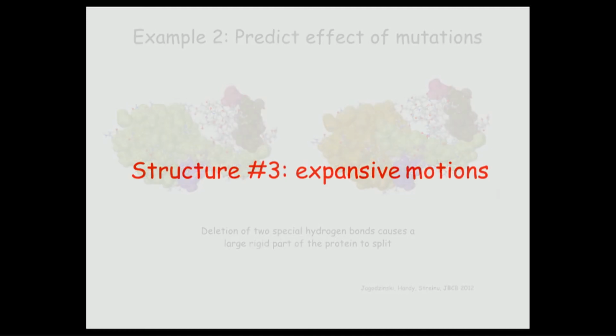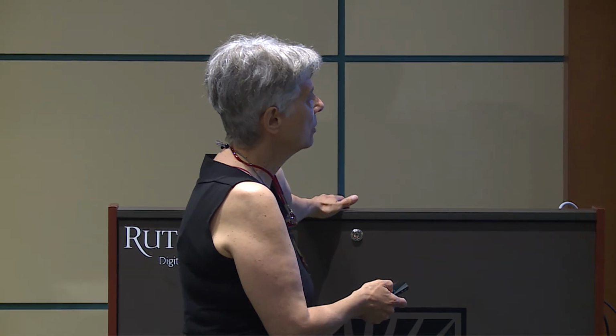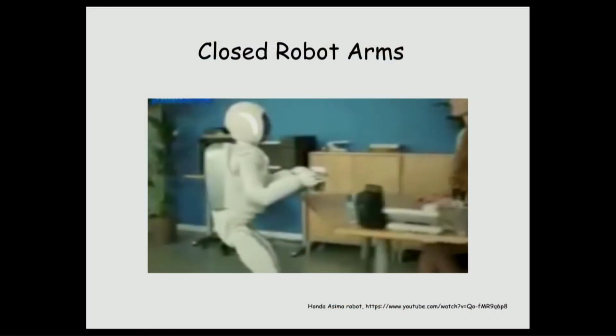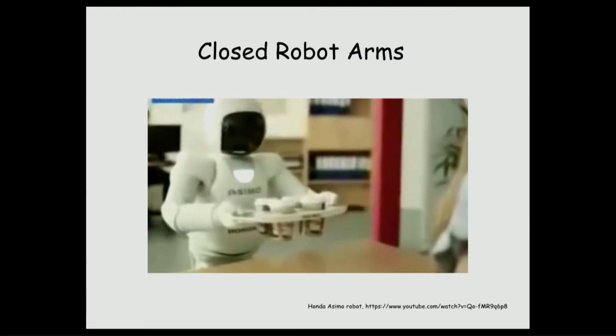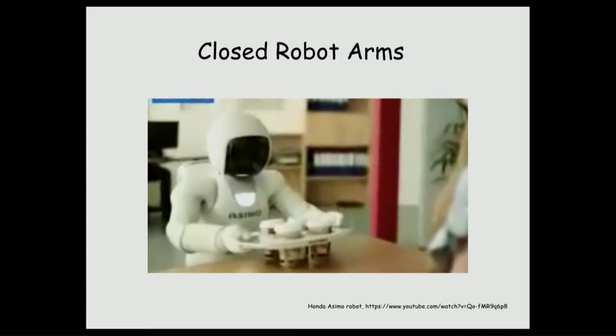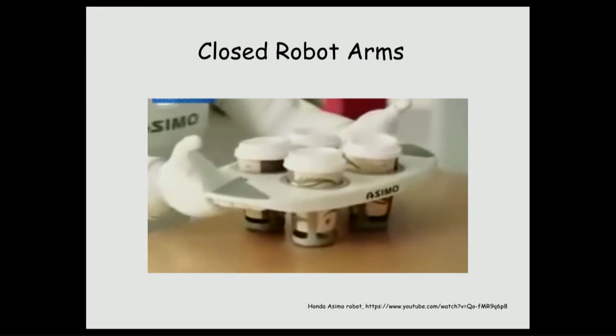So let me move now to the more involved part of structure in motion. Let's go back to this Asimo robot that moves its arms in such a way that it performs a certain task.